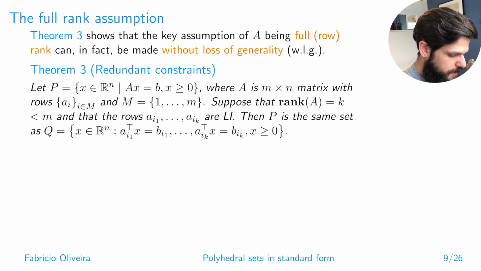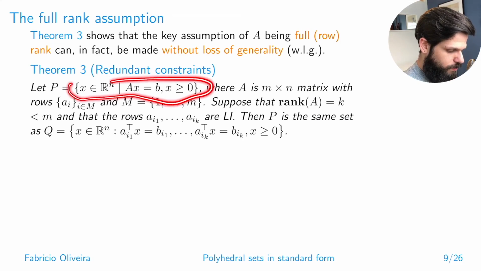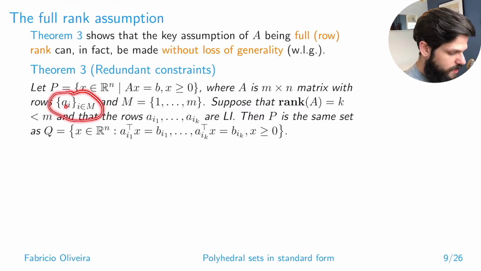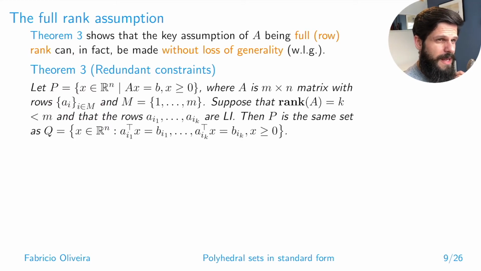So let P be this polyhedral set defined in standard form, where our matrix A is an m by n matrix with rows represented like so. I'm representing the rows with lowercase; normally I use lowercase for the rows and capital letters for the columns. And I have m rows.